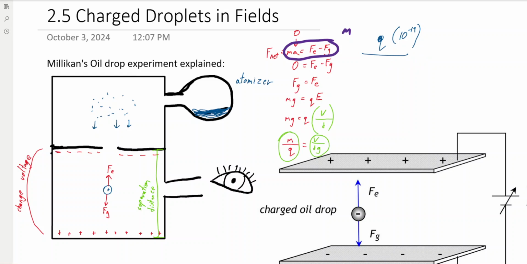So this is a simplification, but essentially he finds a bunch of other charges: 3.20, 4.80, 3.20, another 4.8, another 4.8, maybe a 6.4, and maybe another 6.4.